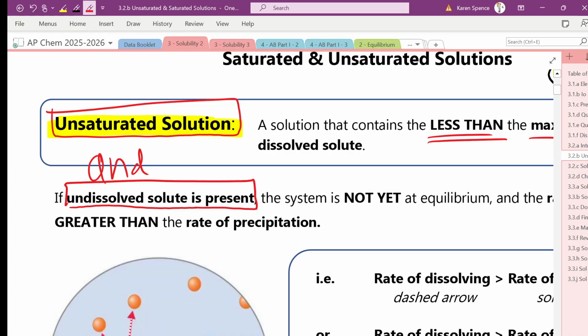No. And if you have undissolved solute and we're not yet at equilibrium, is the rate of dissolving slower, faster, or the same as the rate of precipitation?